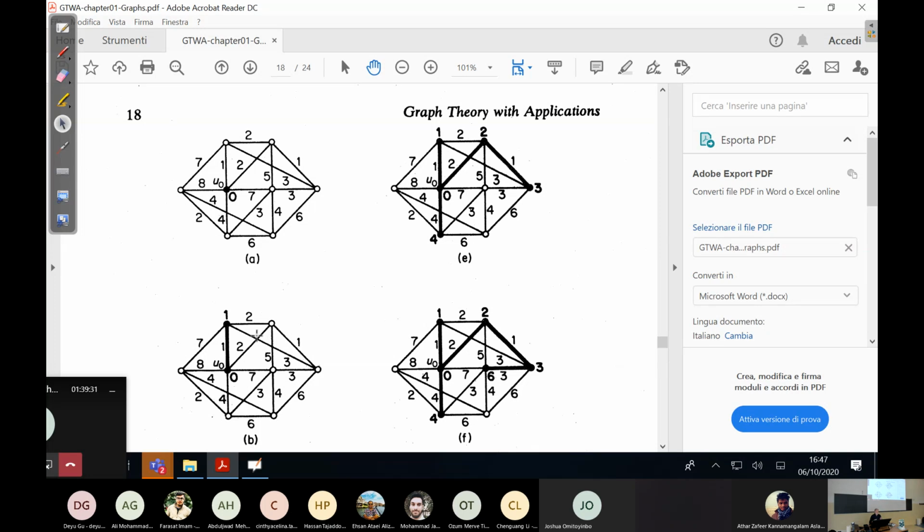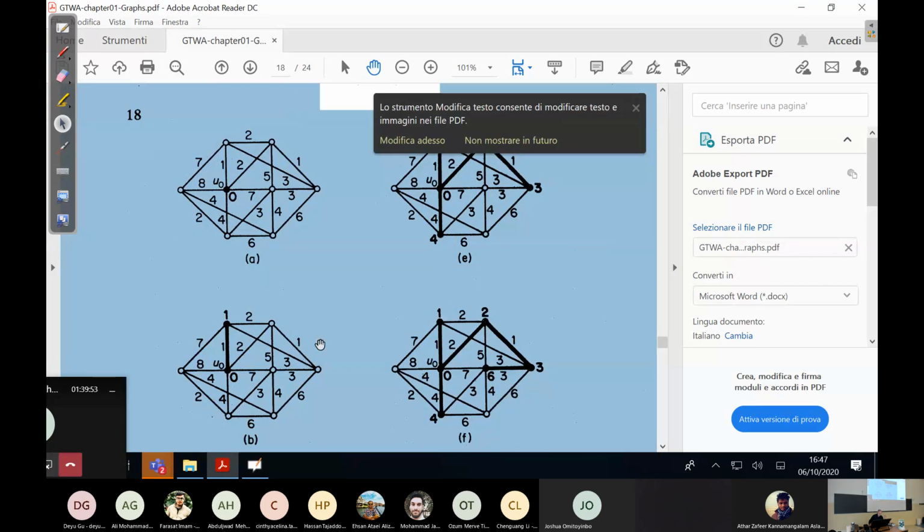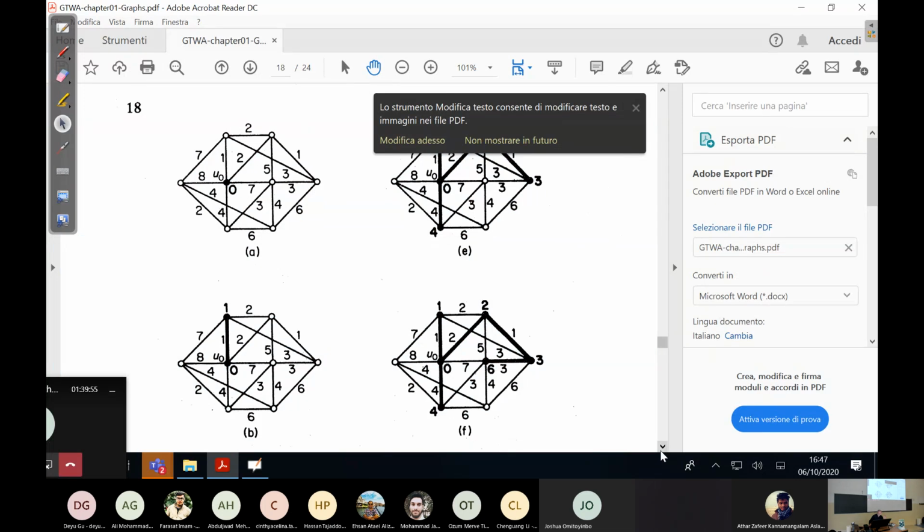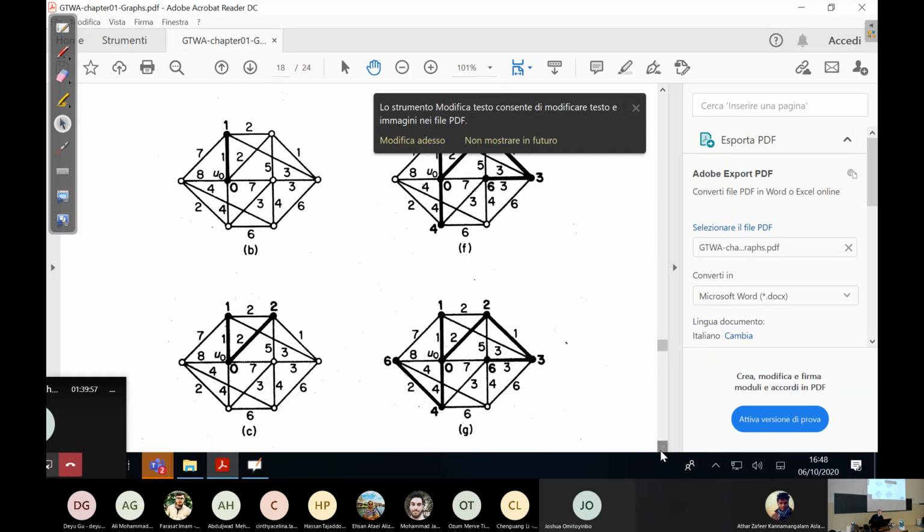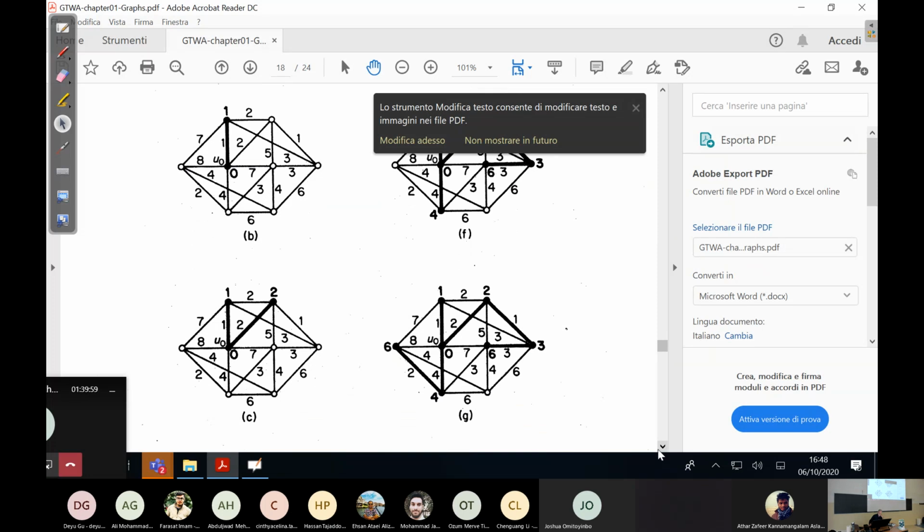So if I'm looking for a vertex which is at a minimum distance from U0, except this one which has already been taken in, we have this one. So we take in this edge, this vertex, and put here the distance, which will be 2.